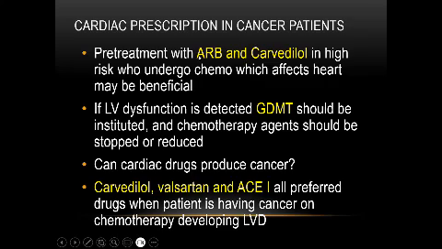That's why there are upstream therapies before starting chemotherapy to prevent LV dysfunction. Once LV dysfunction is there, you use guideline-directed medical therapy. There are a lot of cardiac drugs which are said to produce cancer, but none of these drugs are proven to produce cancer.